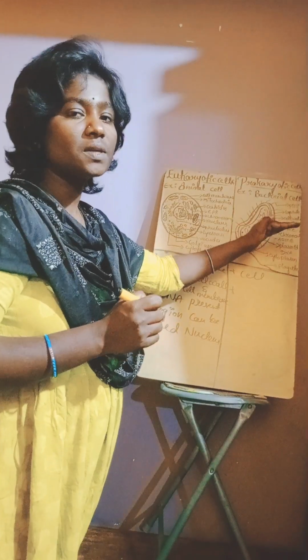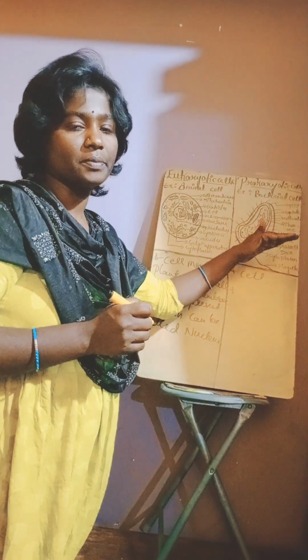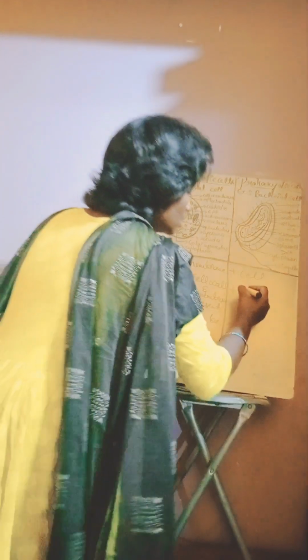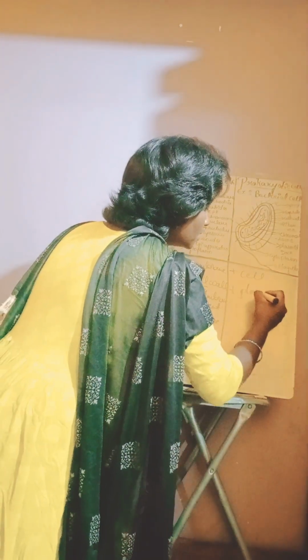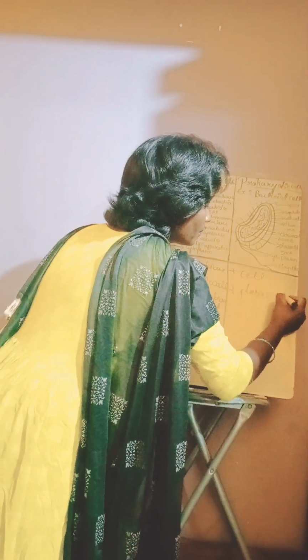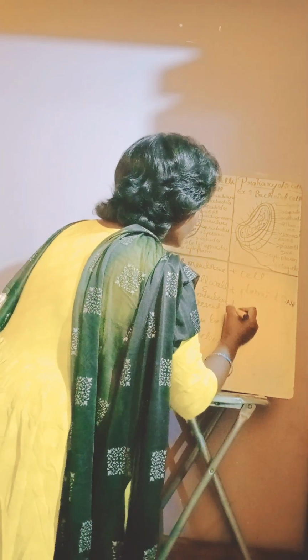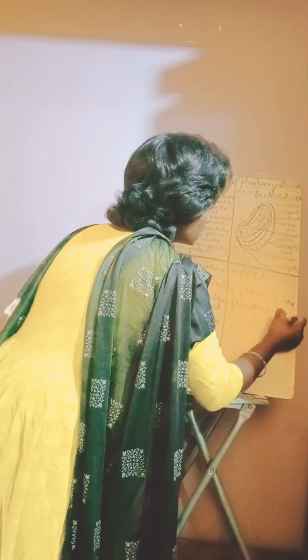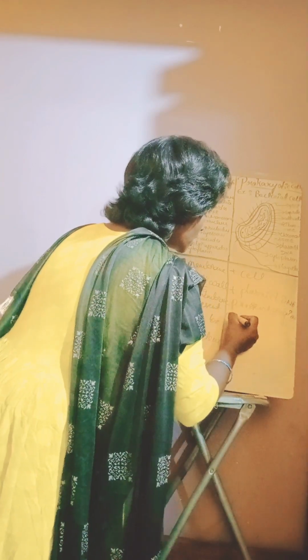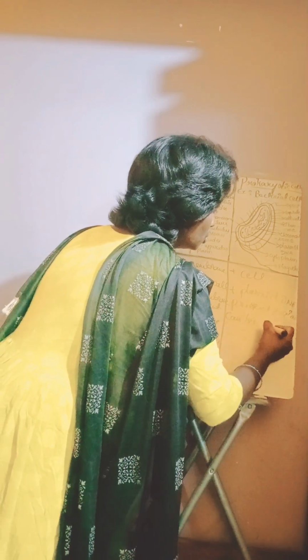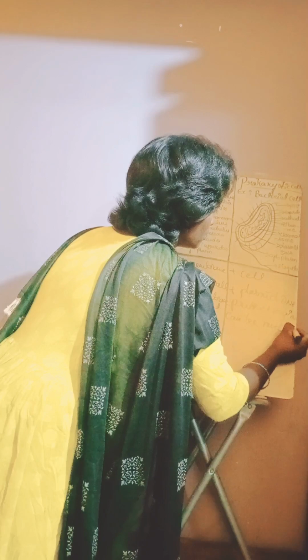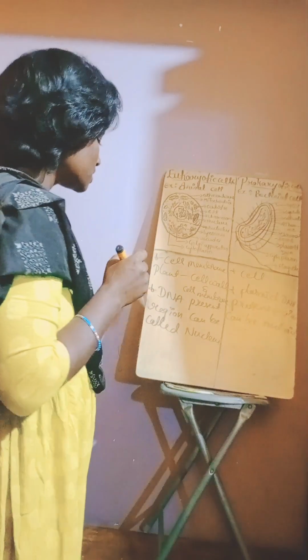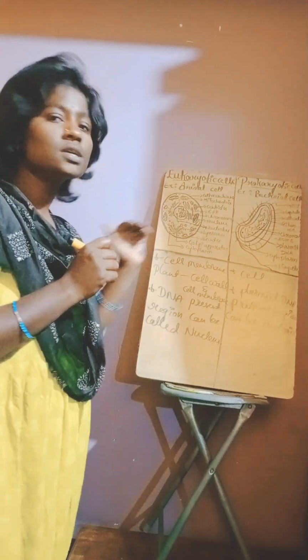The region where the plasmid DNA is present is called the nucleoid. Okay, so this is also one difference between those cells.